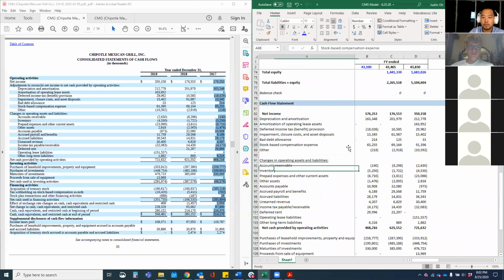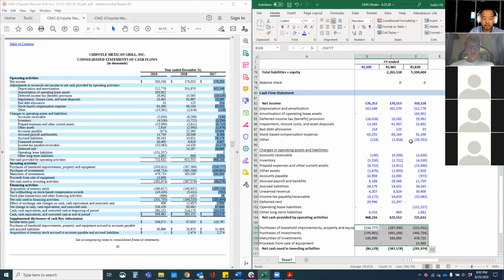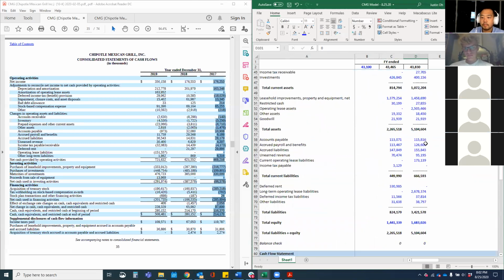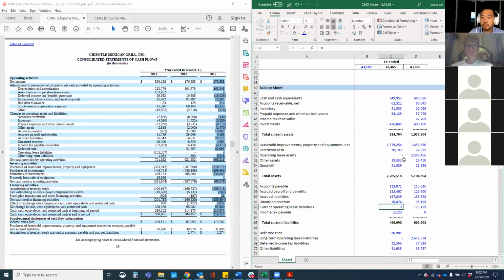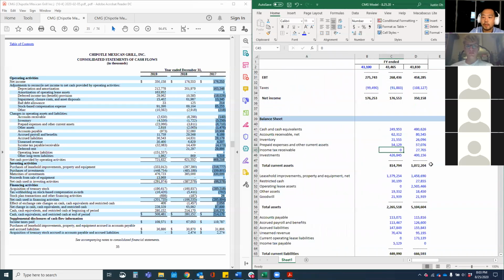So these are all blue. Any questions about what I'm doing? Yes. Why, I mean, is it normal to include historical cash flow statements? Because isn't the projection just going to be pretty much the changes in the balance sheet?